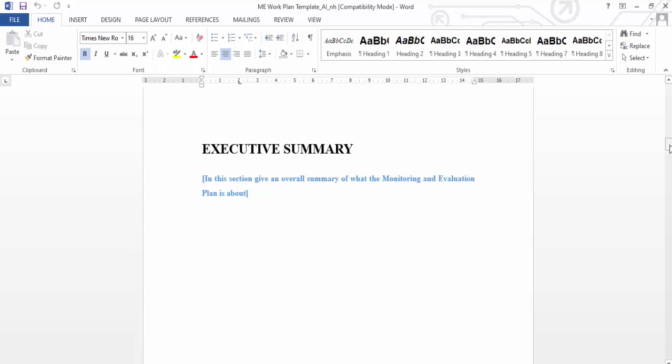Usually the executive summary just gives a summary of what this document is about, especially to a reader who probably doesn't have time. They can use the executive summary just to see exactly what is there in this document. Why is it different? Why should I be using this document in the implementation of projects or in my organization? Okay, so you have the executive summary there.